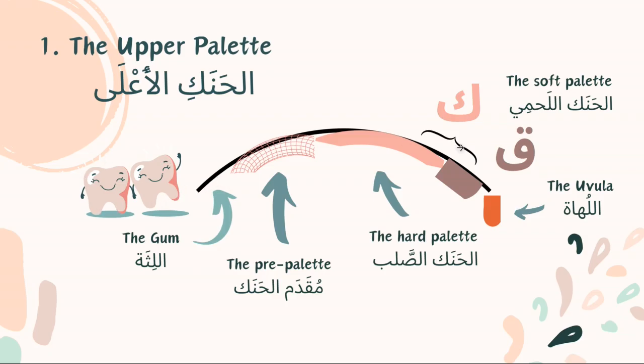So this is how the palate is divided, and the qaf is where the furthermost part of the tongue strikes against the soft palate, while the kaf, the furthermost part of the tongue, strikes part of the soft palate and part against the hard palate.